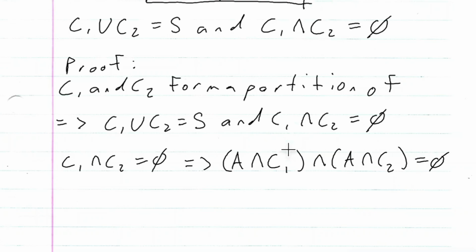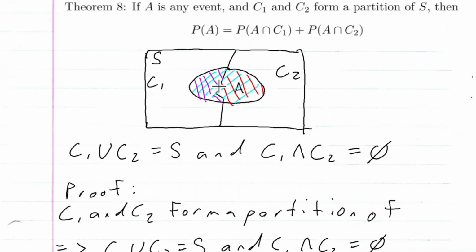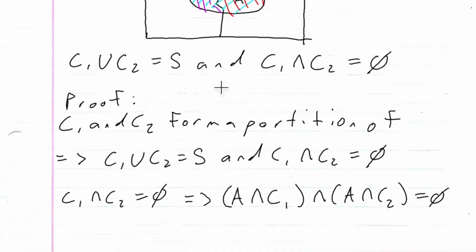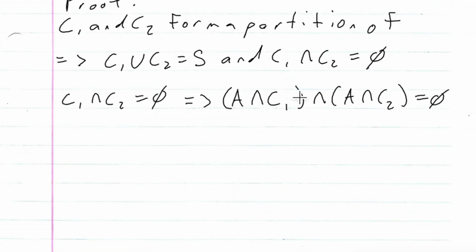Well, this means that A intersection C sub 1 and A intersection C sub 2 are mutually exclusive events, right? And of course, you could see that in the picture, right? A intersection C sub 1 is the purple, and A intersection C sub 2 is the red. And notice that they're mutually exclusive, right? So we know they're mutually exclusive, so we can use our axiom 3, right?